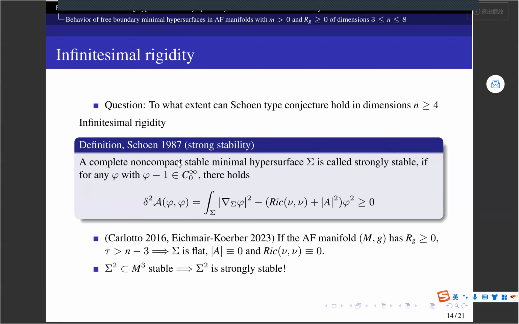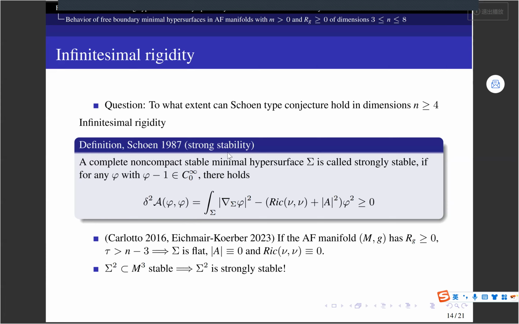We say a stable minimal hypersurface is strongly stable if it has non-negative second variation that applies to test functions which equal a constant outside a compact set. So of course, strongly stable is something stronger than just stable, because in the definition of stable, you just assume phi to be a compactly supported function.